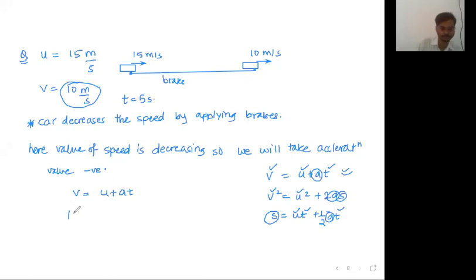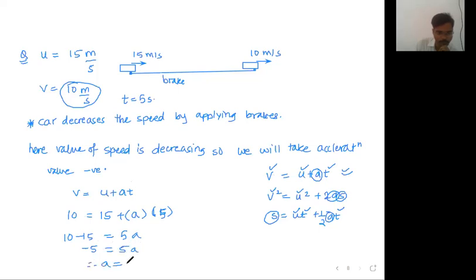Final velocity 10, initial velocity 15. We do not have to put the acceleration right now, we have to find it, so keep it as it is. Put the time as it is. All other values, velocity, displacement, initial velocity, final velocity, time, are put as they are. Don't think about plus or minus; plus and minus is to be thought of only for the acceleration. So 10 minus 15 is equal to 5 times acceleration. 10 minus 15 is minus 5, equal to 5 times acceleration.